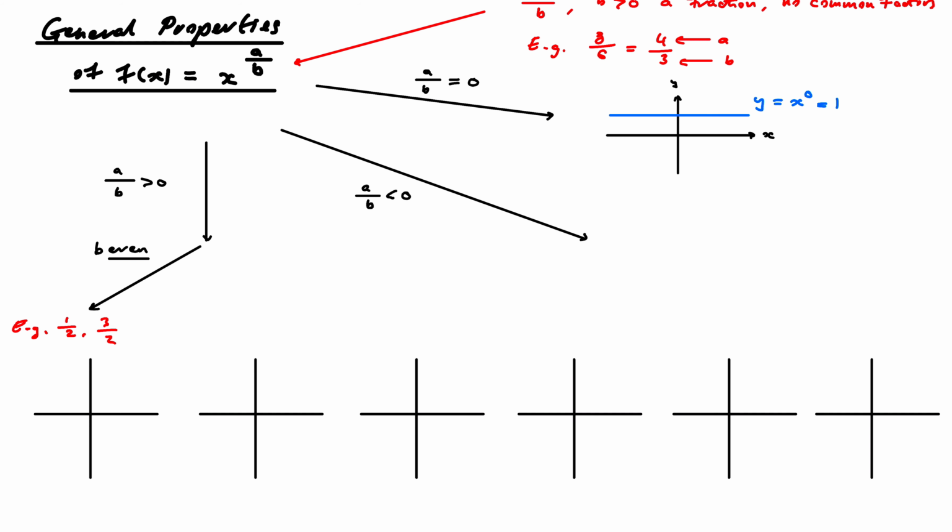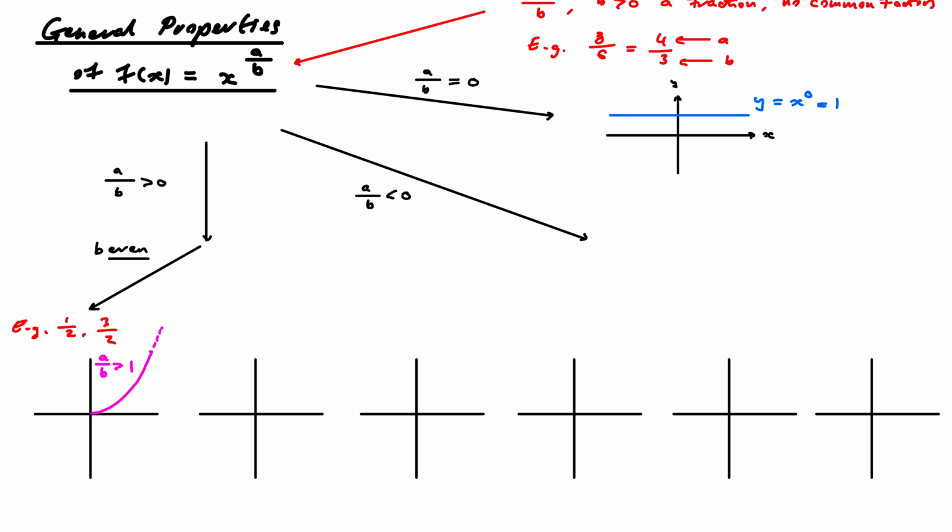So, for example, if A over B is greater than 1, then you kind of curve up like that, kind of like a quadratic. Okay, so this would correspond to A over B bigger than 1.